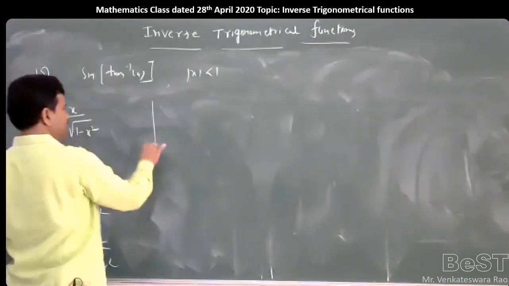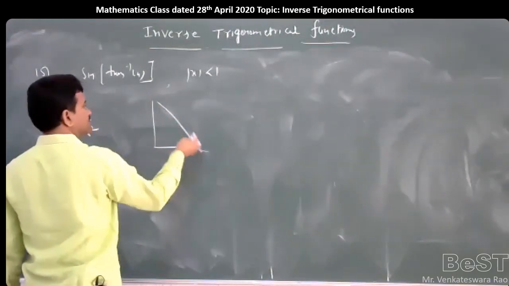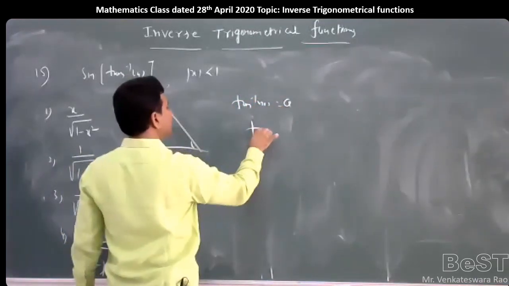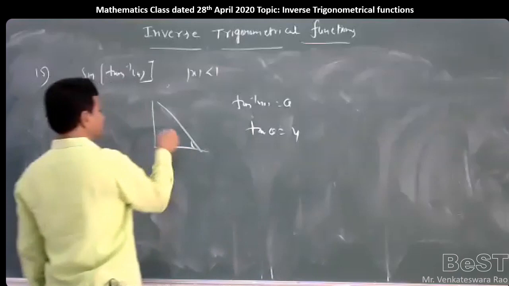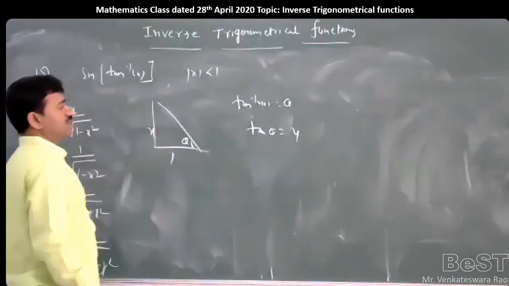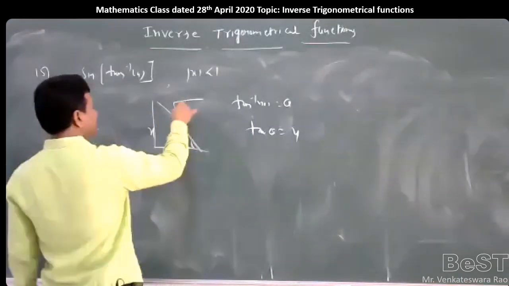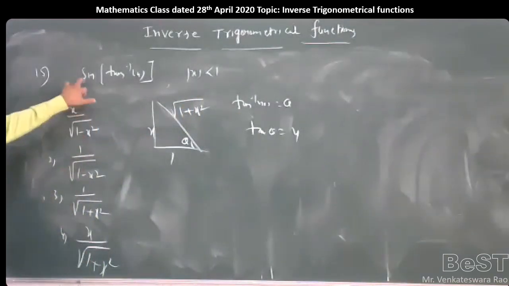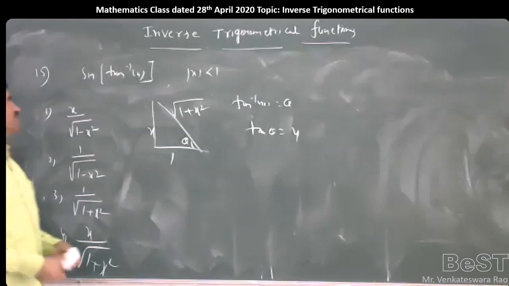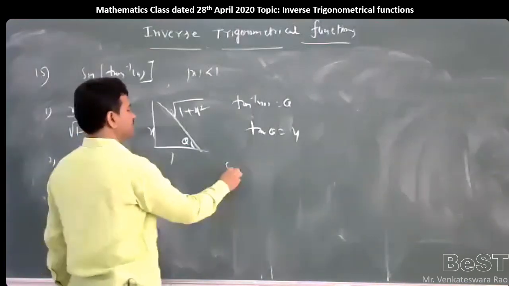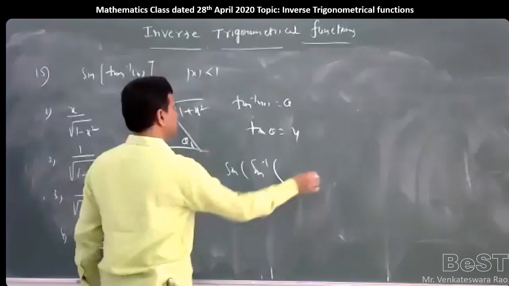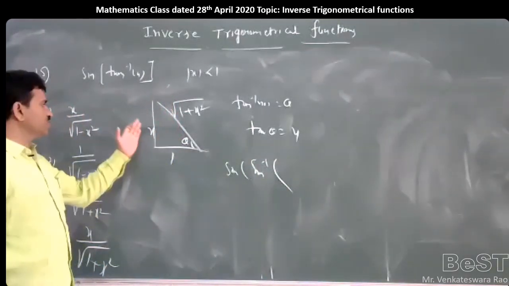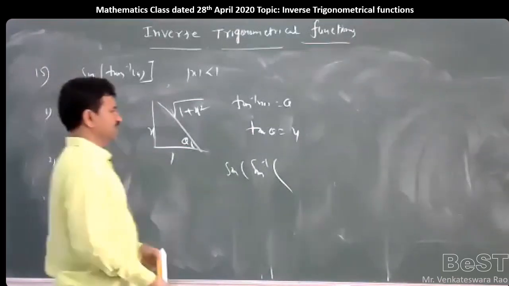See, let the tan inverse of x be equal to theta. Tan theta is equal to x. Opposite side x, adjacent side 1. So the hypotenuse value is square root of 1 plus x square. Outside sine is there, in terms of sine inverse. What is the sine theta definition? Opposite side by the hypotenuse.